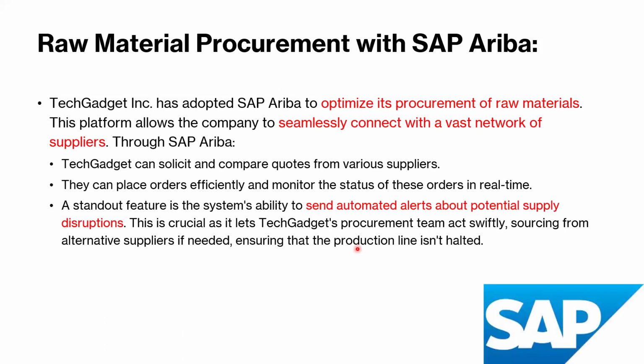Okay, so this is an example of how SAP Ariba can be deployed and integrated into your supply chain process, and of course be integrated with your ERP legacy software, right? For example, this company used SAP to optimize its procurement of raw materials, and this platform allows the company to seamlessly connect with a vast network of suppliers, right?